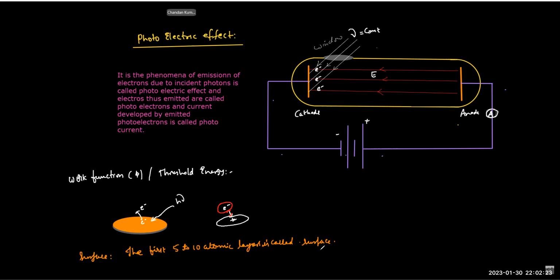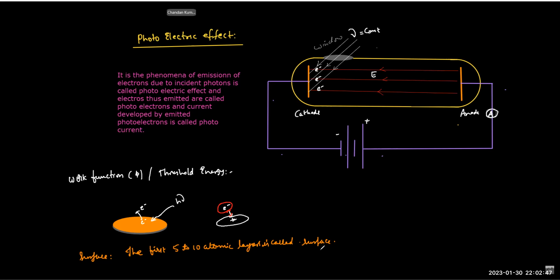But again, the other top layers may, under which you will undergo some collision with the atoms, with other electrons, and you may still remain inside the metal. So every electron is not capable of escaping, even though they have received sufficient energy from the photon.